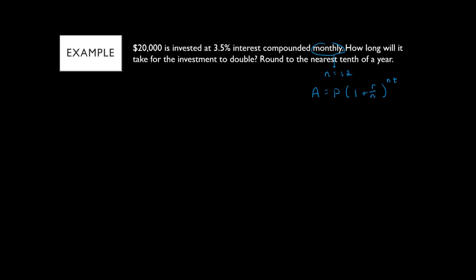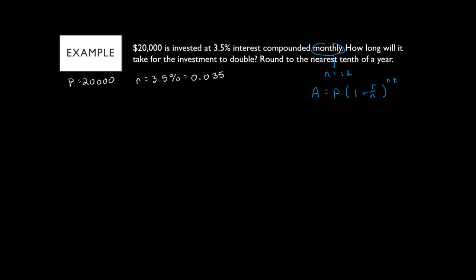So there are basically 2 different ways to do this type of problem when it asks specifically for something to double. So we know that we are starting with $20,000. So P is 20,000. And we know r is 3.5%. So that's 0.035.